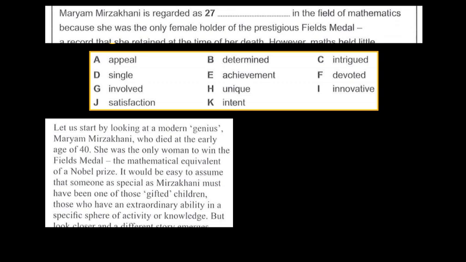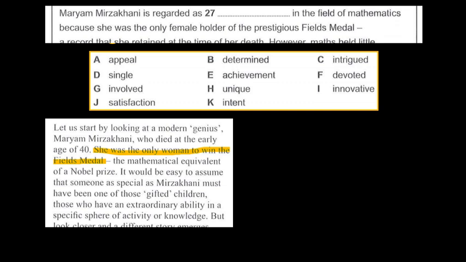Miriam Mirzakhani is regarded as what in the field of mathematics because she was the only female holder of the prestigious Fields Medal. Now really, we don't even need to look at the passage to find the answer to this one. She was the only woman to win the Fields Medal. That's pretty much the same as it said in the question.